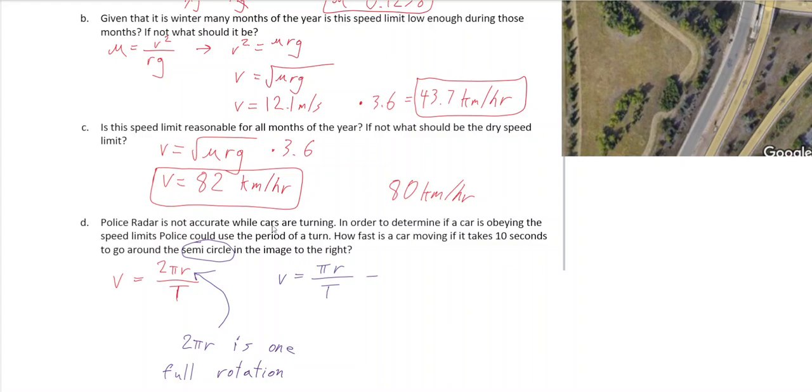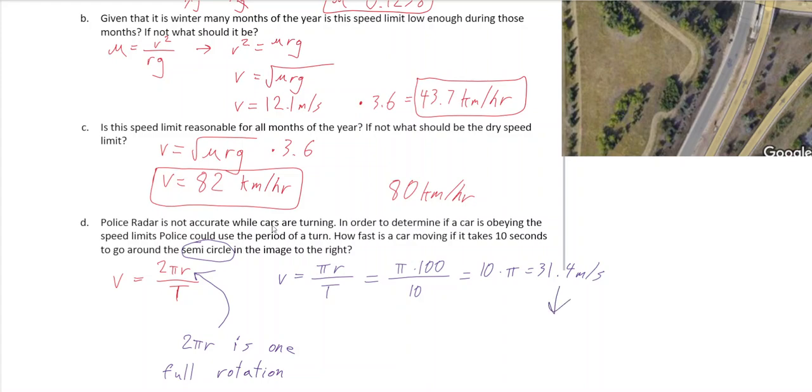Now, if we know that r, the radius, is 100, and it takes 10 seconds to go around the corner, that means they're going 10 times pi, so they're going 31.4 meters per second. Oh my gosh, they're gonna crash.